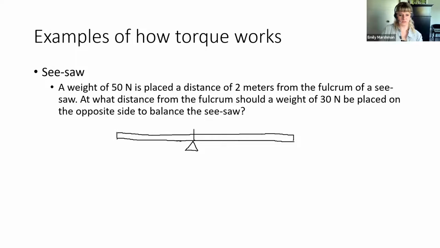So from here out to here, I have 50 newtons of force being placed right here, 2 meters away. We want to predict or calculate where I should place 30 newtons on the opposite side such that the seesaw is balanced.